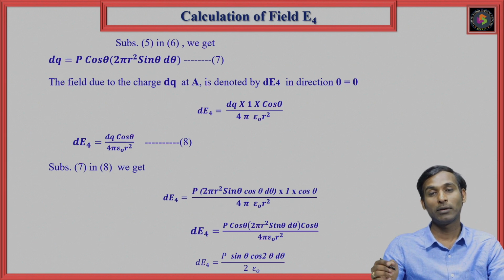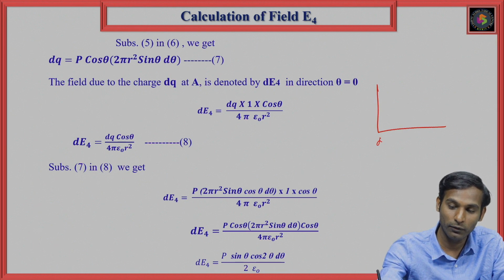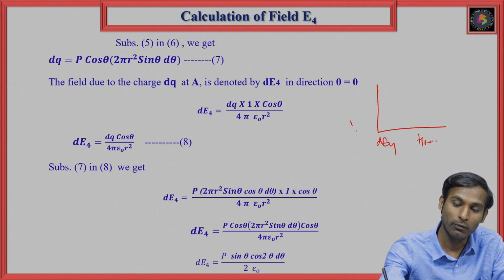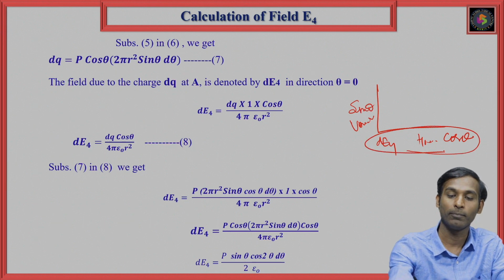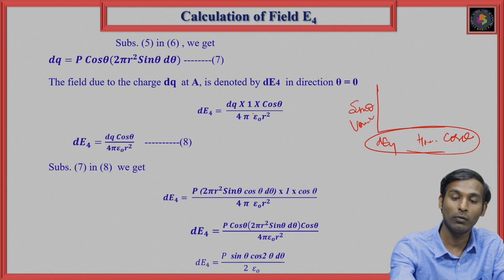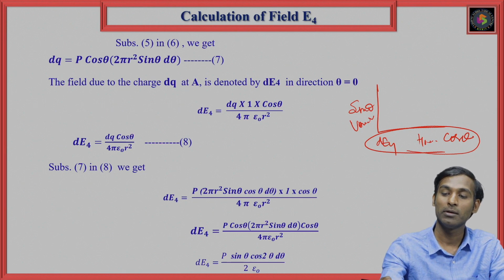That means the dE4 component can be taken as a horizontal component and a vertical component. The horizontal component is cos theta and the vertical component is sin theta. That's why we are taking the normal component of the area here. dE4 is equal to the charge element dq into 1 into cos theta divided by 4 pi epsilon naught r square.